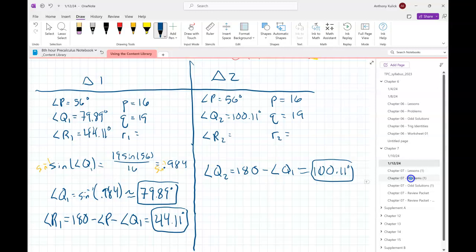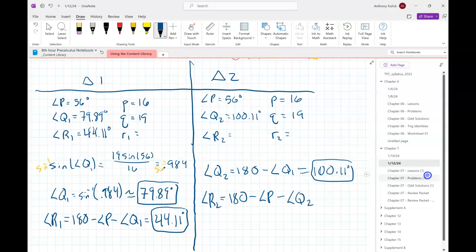I'm going to switch back to triangle 2. In triangle 2, I notice that, again, I have 2 of the 3 angles. Finding the third is then easy. Again, it's going to be 180 minus angle P, which is the same in both triangles, minus angle Q. But angle Q is different in triangle 1 and triangle 2.